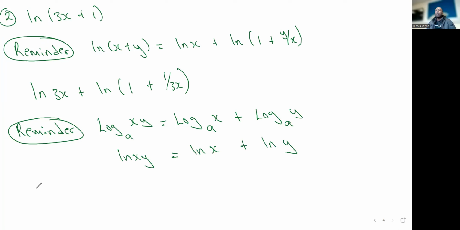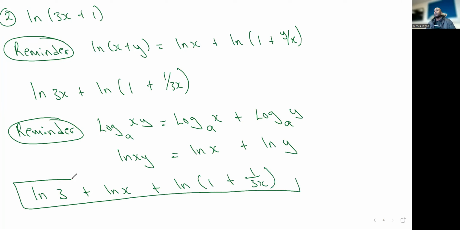So 3x can be broken down into ln 3 plus ln x, plus ln of (1 plus 1 over 3x). And that will be the answer. So that will be that for the addition law.